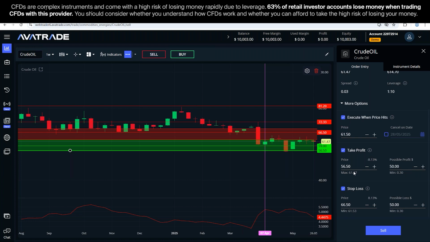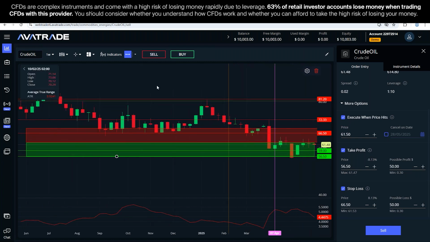The lines we're drawing come from, unfortunately, something I can't teach in too much depth, but the logic with the lines I've placed is basically support and resistance. If you pay attention to the oval I'm placing on the chart, you will notice that those are peak points that crude oil has reached: 1, 2, 3.